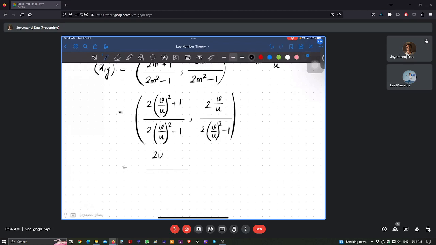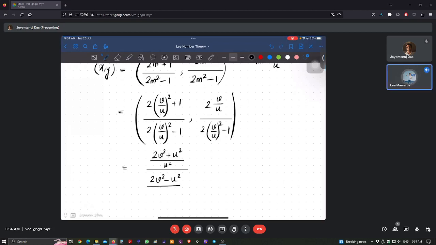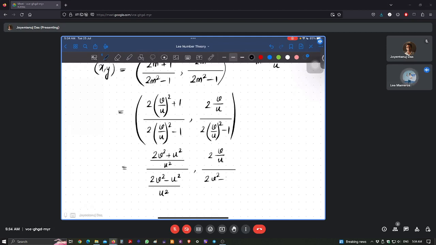So 2v square plus u square, divided by u square, is the numerator, and 2v square minus u square over u square. The second part will be 2v by u, and 2v square minus u square over u square.